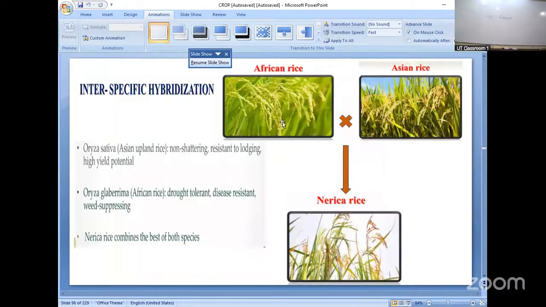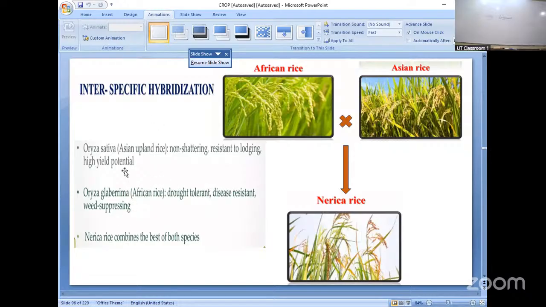And interspecific means, see, both are Oryza. This is American rice and Asian upland rice. Both are Oryza. Genus is the same, but the species are different. That's Sativa and Glaberrima.